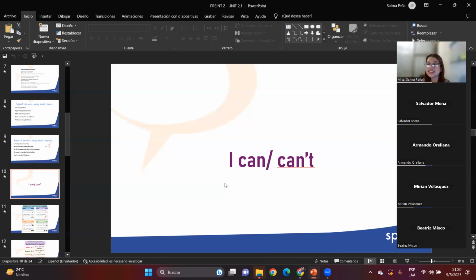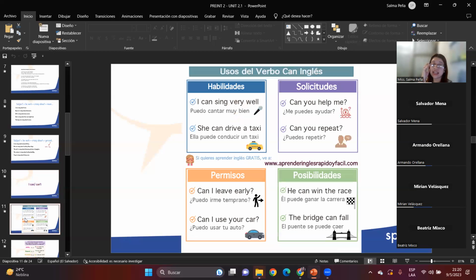And it's the t, t, t sound at the end of the word. Can't, I can, I can't. Is it necessary? Yes, because the other person, in this case me, has to understand if you are saying a positive or negative expression.